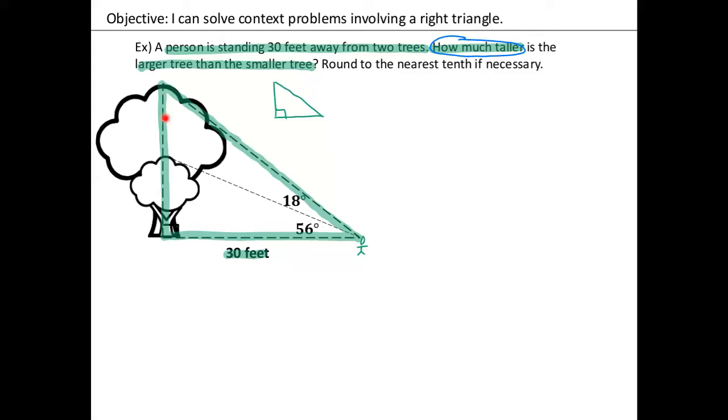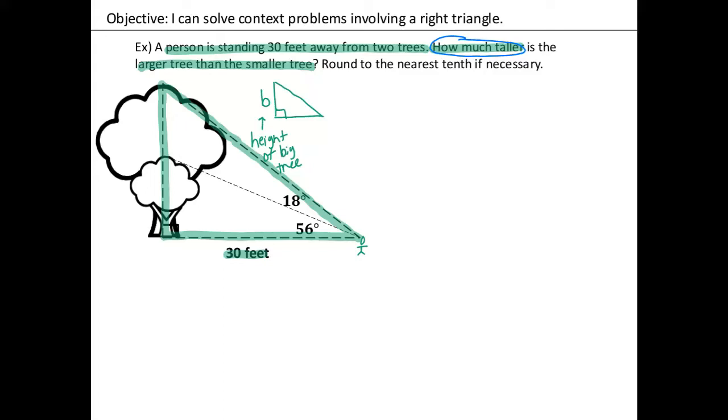This length right here is the height of the big tree. So I'm going to use B for the big tree. B is representing the height of the big tree. That's just so you know what B stands for.